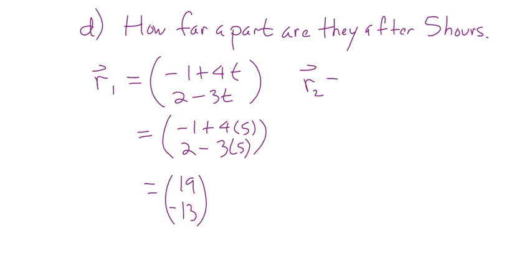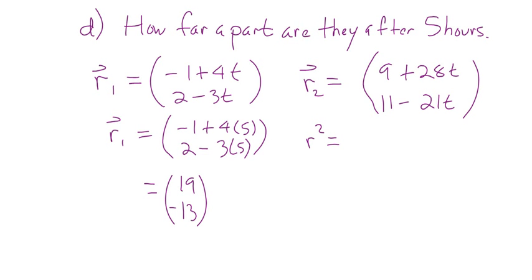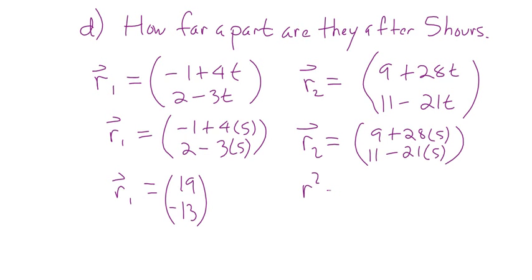R2, on the other hand, is 9 plus 28t, and 11 minus 21t. So R2 is 9 plus 28 times 5, which is 149, and 11 minus 105.